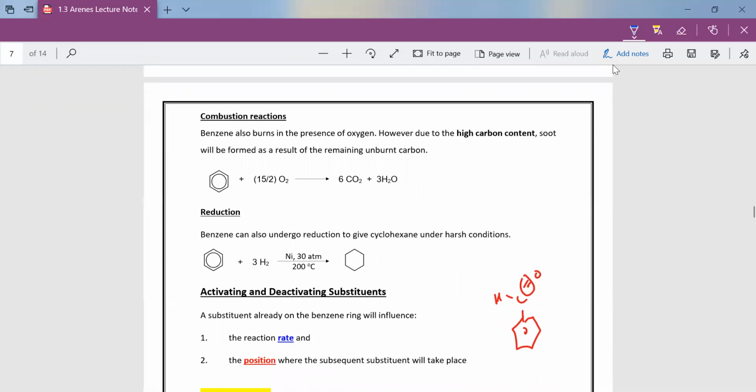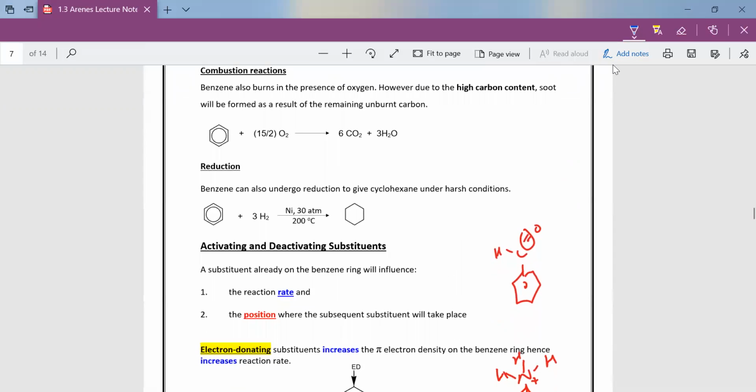Combustion is as per normal for normal hydrocarbon. Okay, reduction: you can reduce the benzene using hydrogen and nickel at high temperature and high pressure, but this is a pretty drastic condition. So normally we say that the benzene ring isn't reducible.